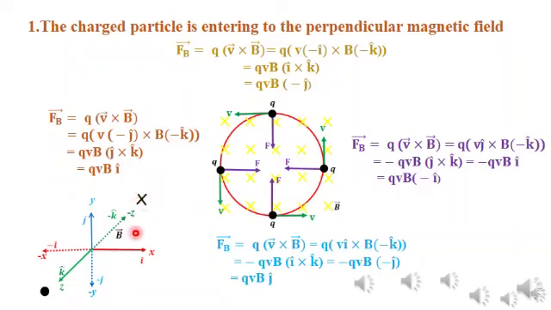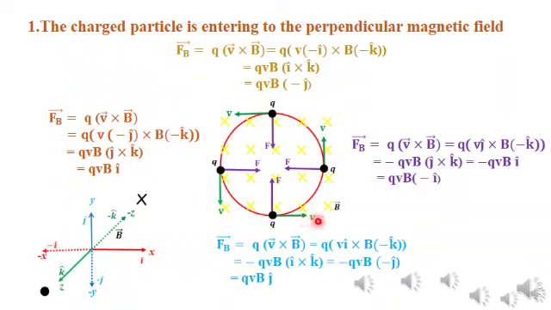Consider a uniform magnetic field which is acting perpendicular to the plane of the surface. Thus, it is shown by crosses. Consider a charged particle q entering this magnetic field with velocity v as shown in the figure.